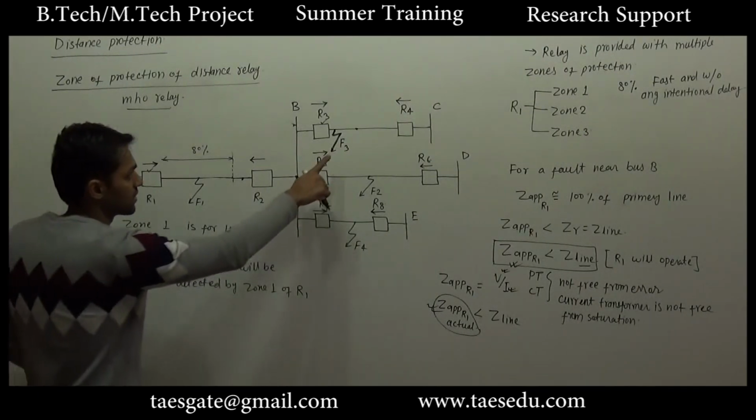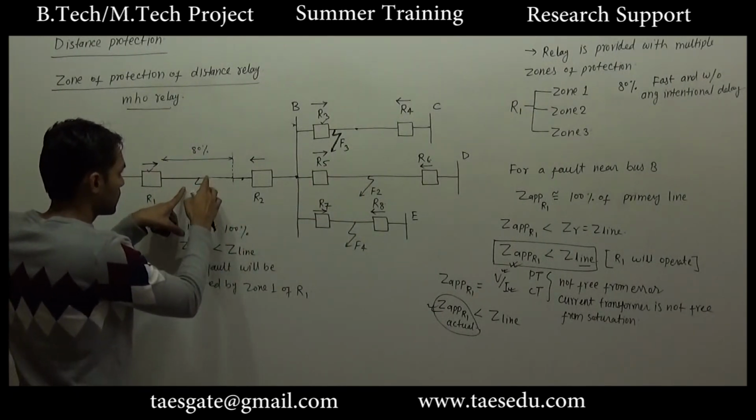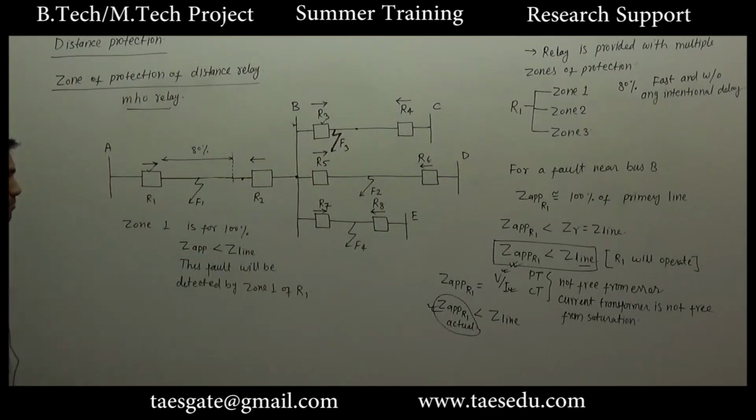The fault is here, but if relay R1 is operated, the whole power system will be disconnected from bus A, which is not the favorable condition.